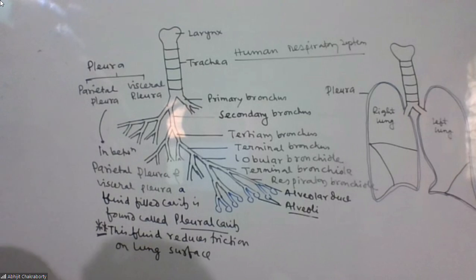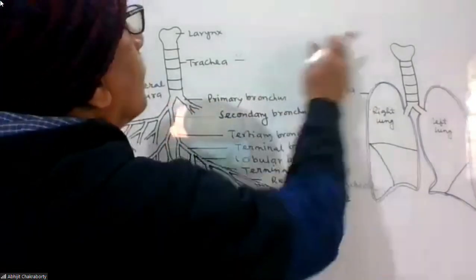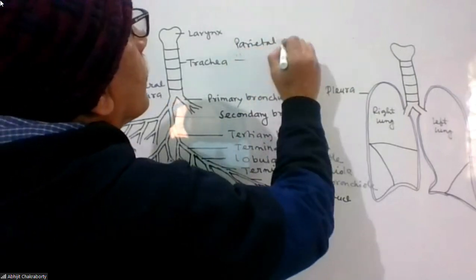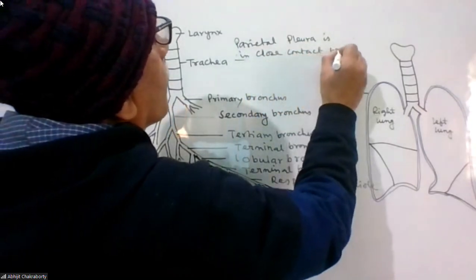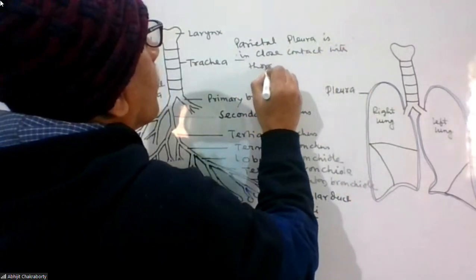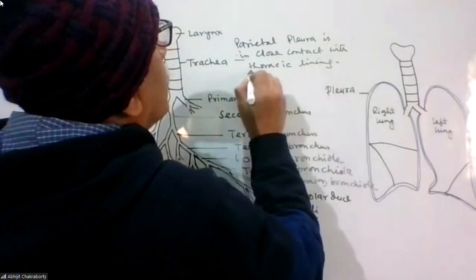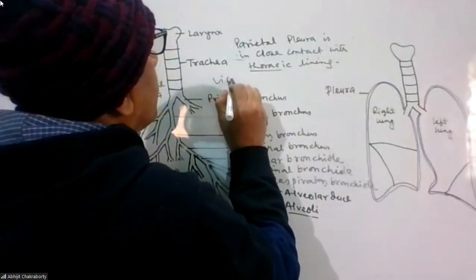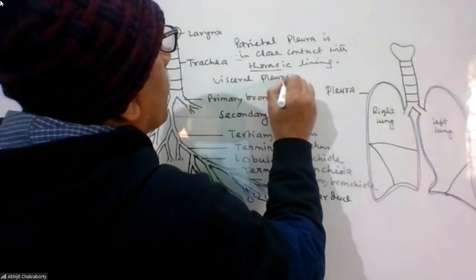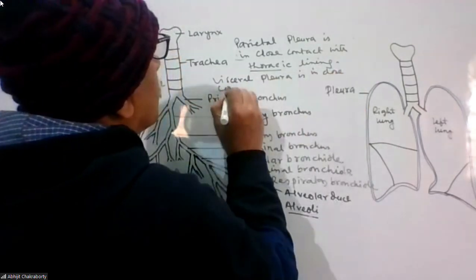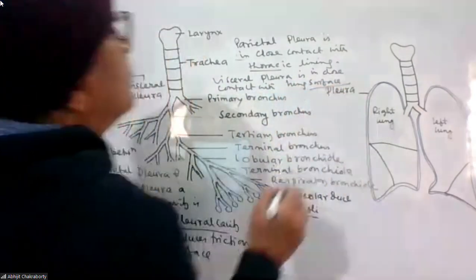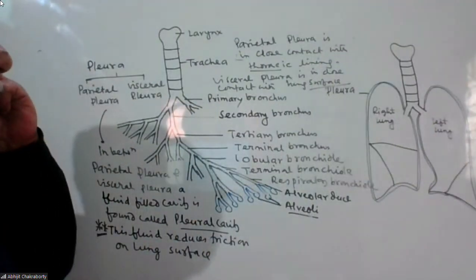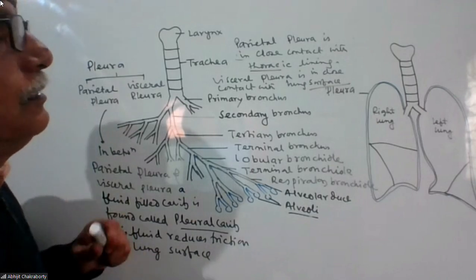Parietal pleura is in close contact with the thoracic lining, whereas visceral pleura is in close contact with the lung surface. So this is what the pleura is.